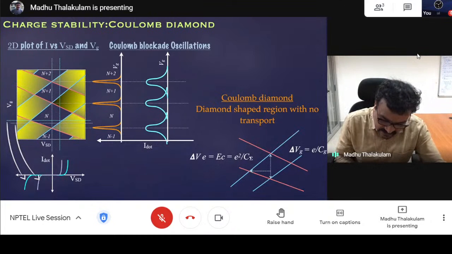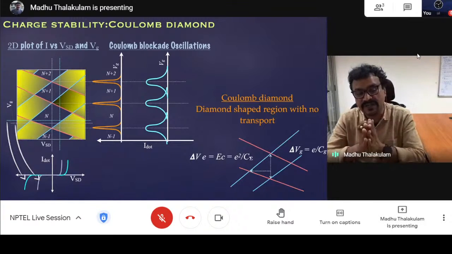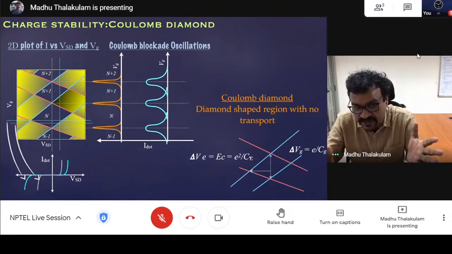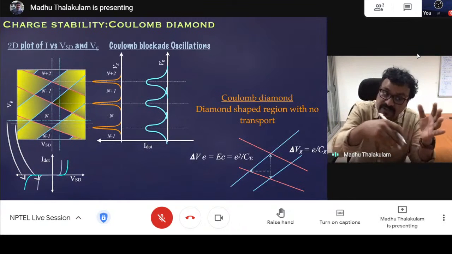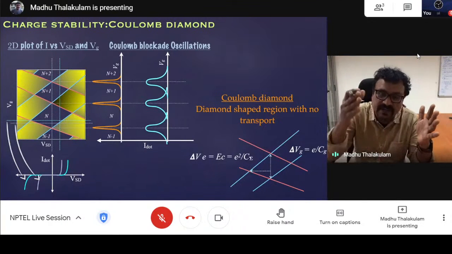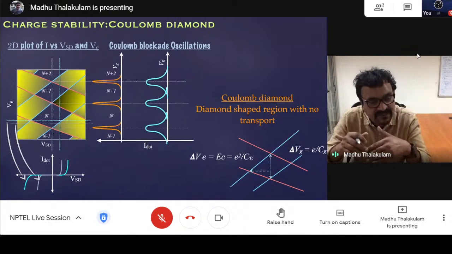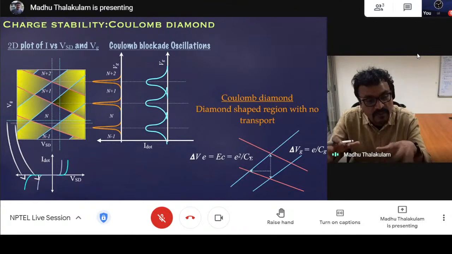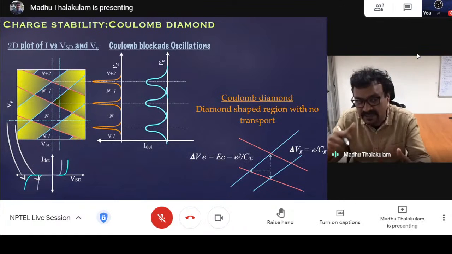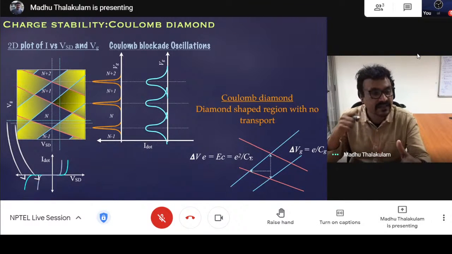So what you are getting is a diamond shaped region of no conduction. When you do a two-dimensional plot where one axis is the source drain bias and the other axis is the gate voltage, it's actually a three-dimensional plot, where the third axis is the color.